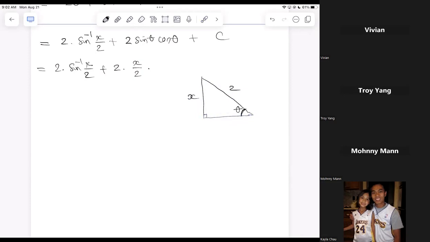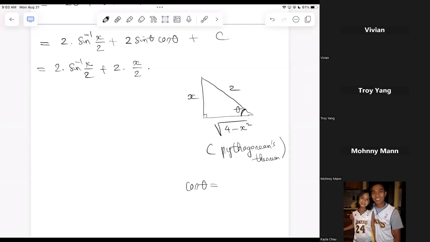From the Pythagorean theorem, I find that it is the square root of 4 minus x squared. So what is cosine theta?